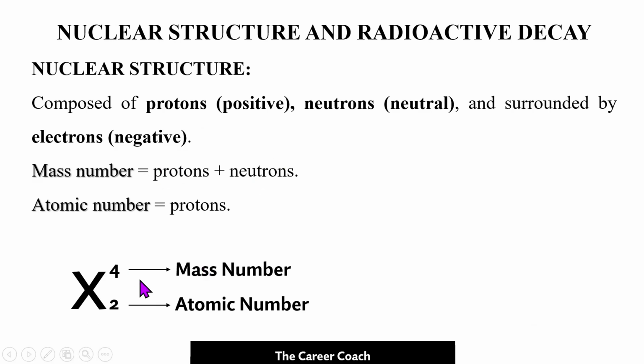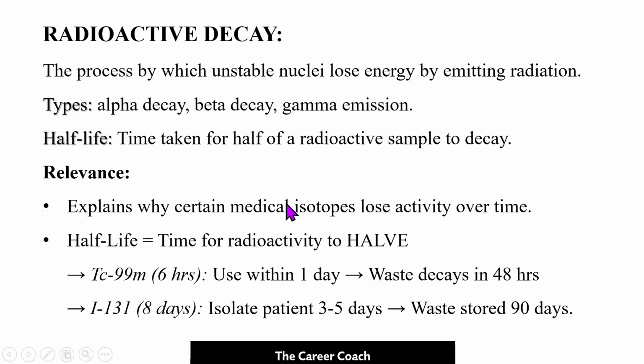So if we were given this example and we were asked to look for the number of neutrons, we already know that any number found at the bottom is the atomic number. The atomic number is 2, which is the number of protons. So here is 2. 2 plus another 2 will give us 4. So the number of neutrons is 2. I believe it's clear. So let's move on.